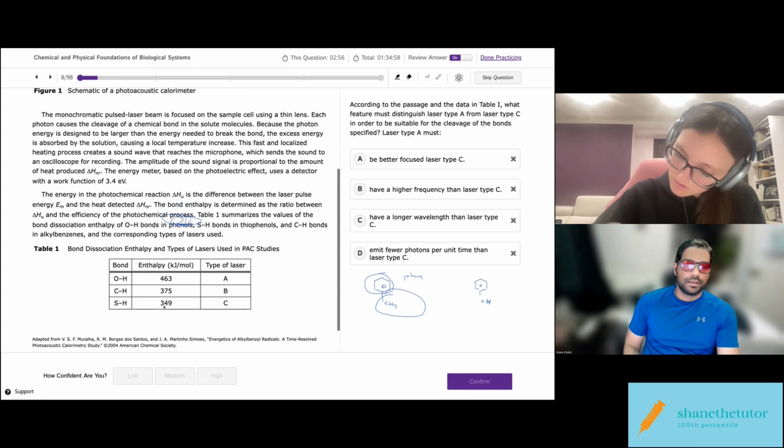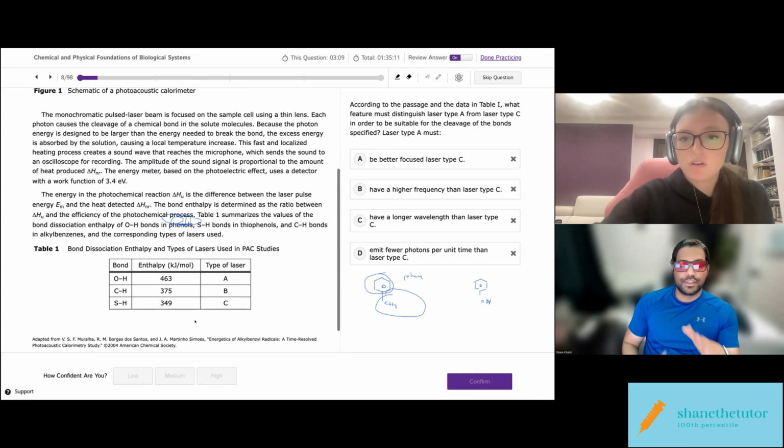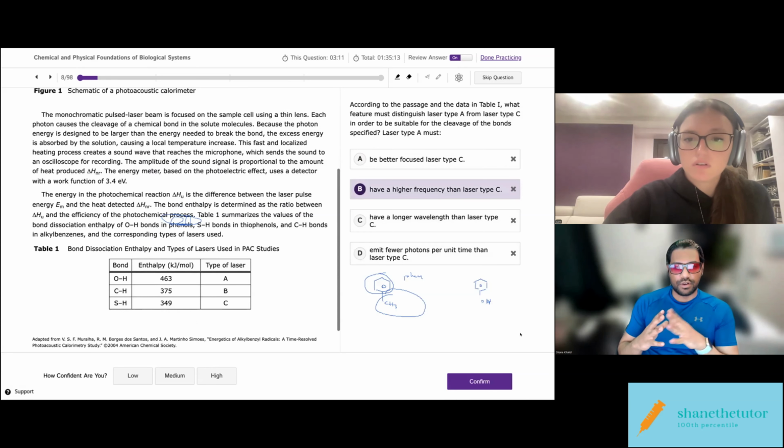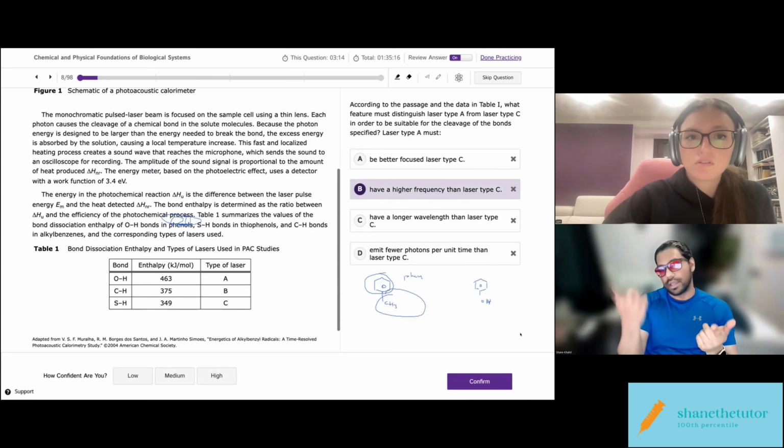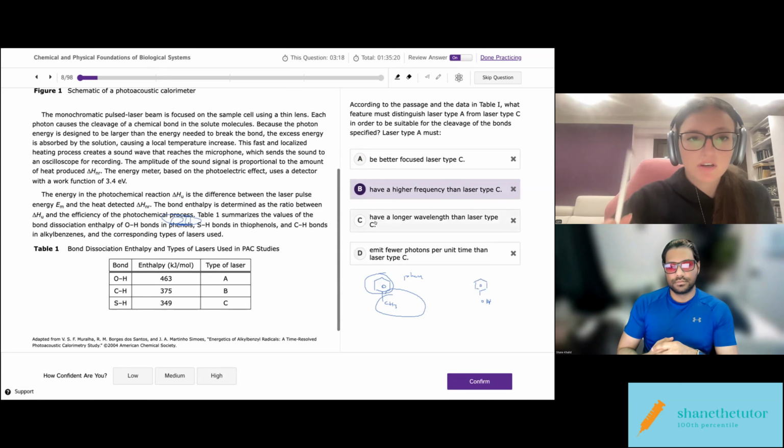So which laser would have the highest energy? Probably the one with the highest enthalpy, because that is the measure of the heat and the bond energy. Yeah, basically that. The higher the frequency, the wavelengths would be closer together, so it wouldn't be longer, it would be shorter. So then C is wrong.